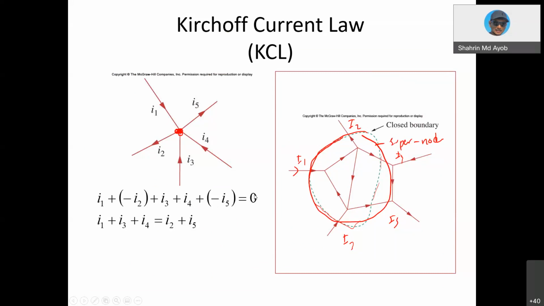So this must be equal to 0. Then we rewrite it again: the summation of I1 plus I3 and I4 is equal to I2 and I5. This is the basic concept of the Kirchhoff current law.